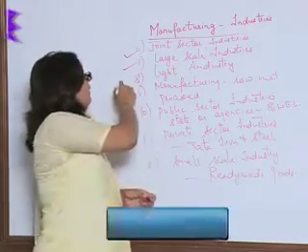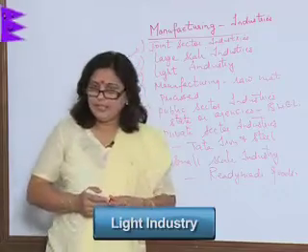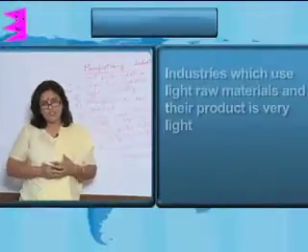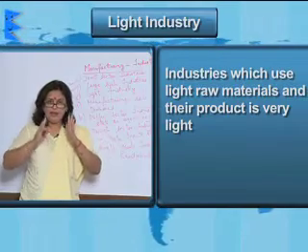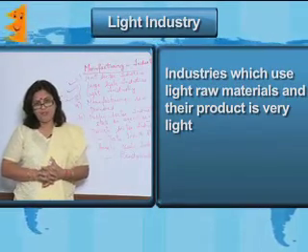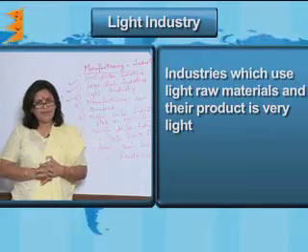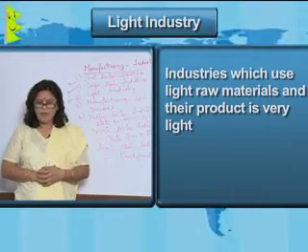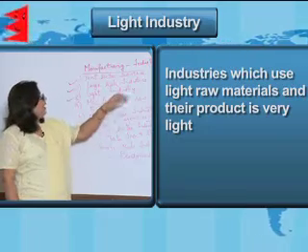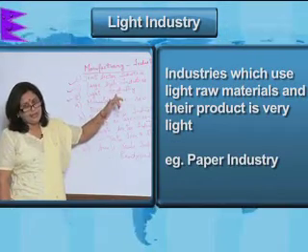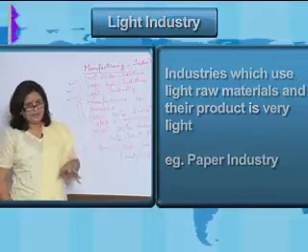Next, we have the light industry. As the name suggests, light industries are those industries which use light raw materials and the product which comes out of it is also very light. Which is the lightest thing that you can think of? Well, if yes, then I can place the paper industry in the light industry category.